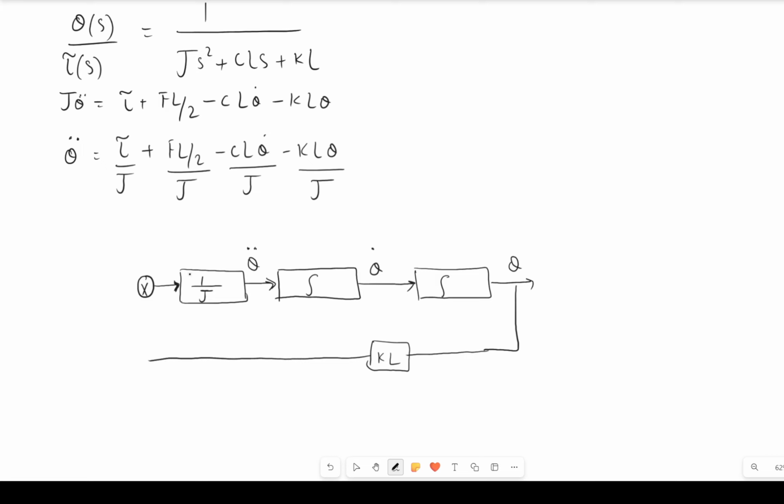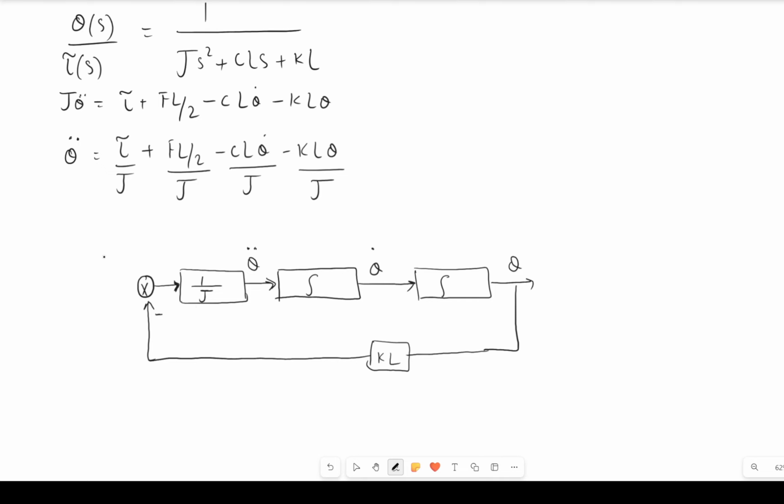And it is basically with a subtract sign. So I put an arrow to this summer with a negative sign. So we have theta times KL, and then this whole thing is multiplied by 1 over J. So minus KL divided by J, right?